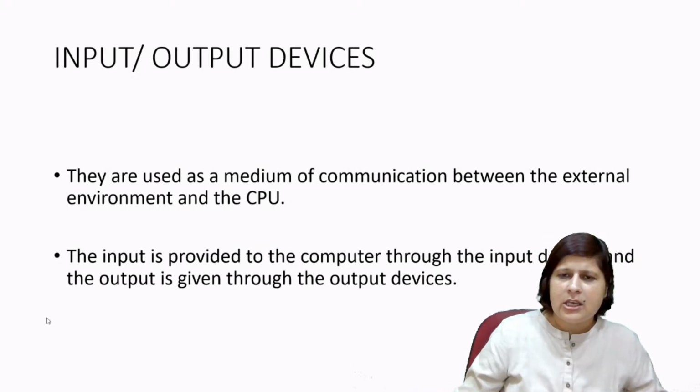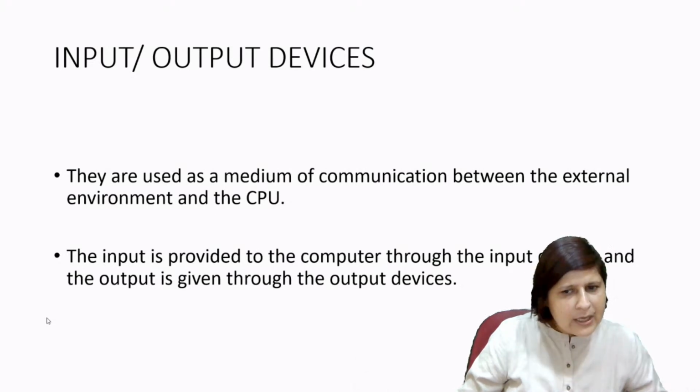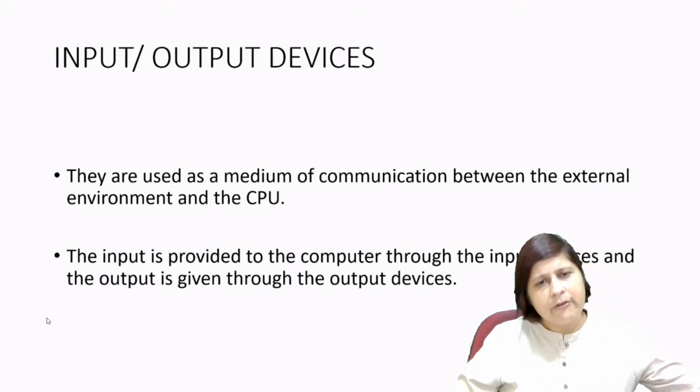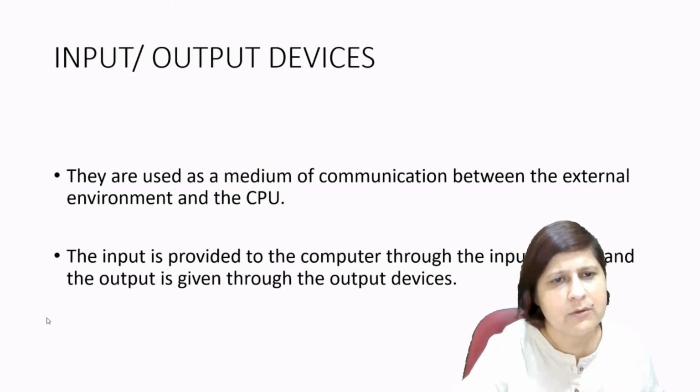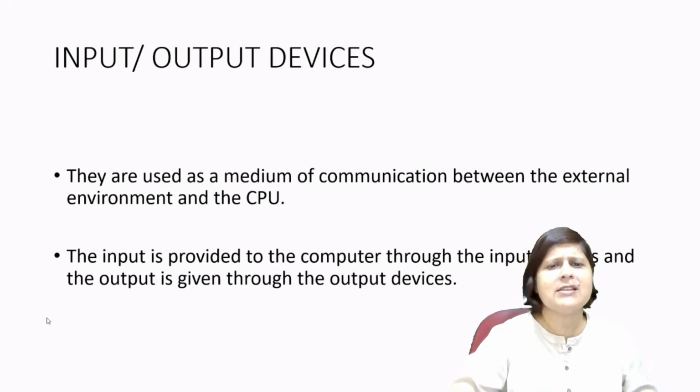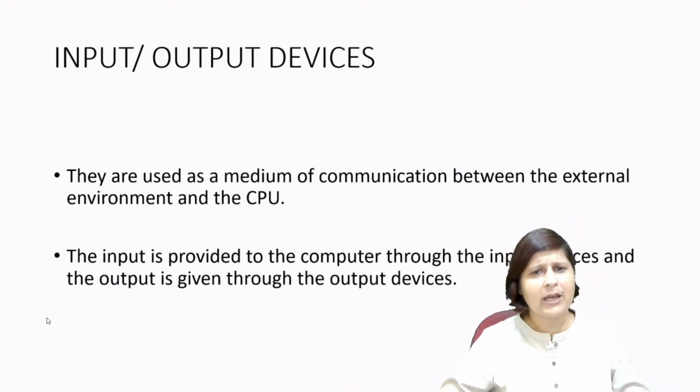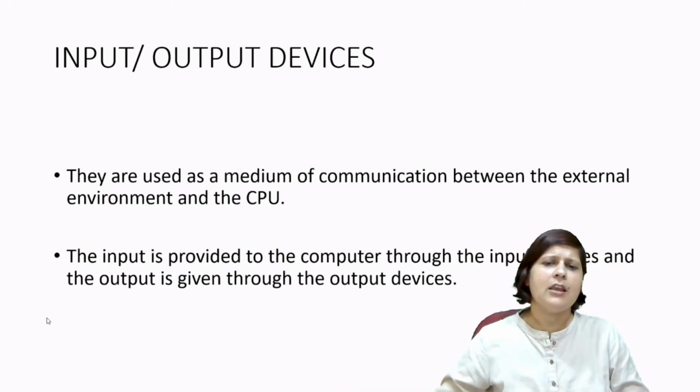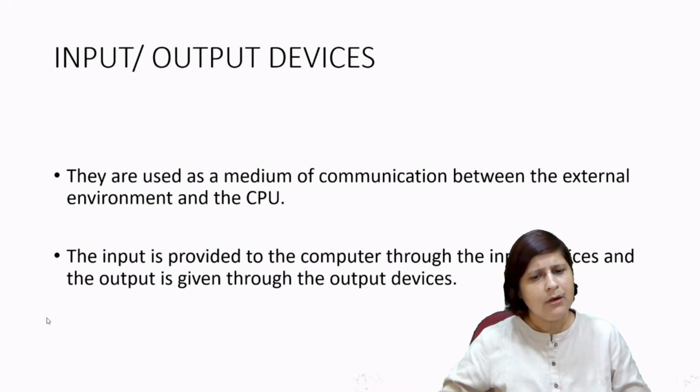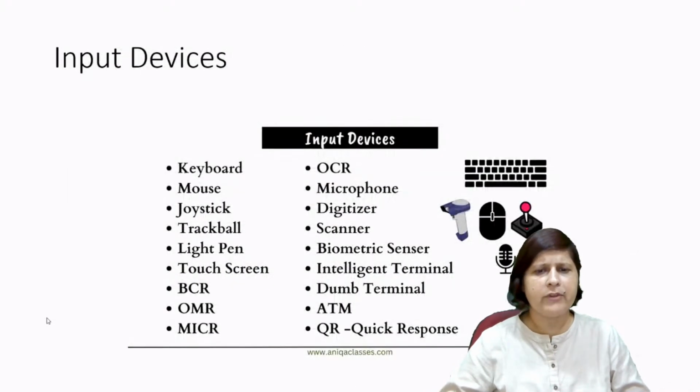The input is provided to the computer through the input devices, and the output is given through the output devices. As the name indicates, input devices help in inputting the data, and output devices help to give the output of the data.